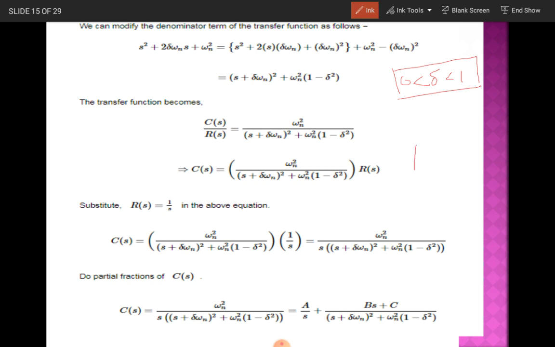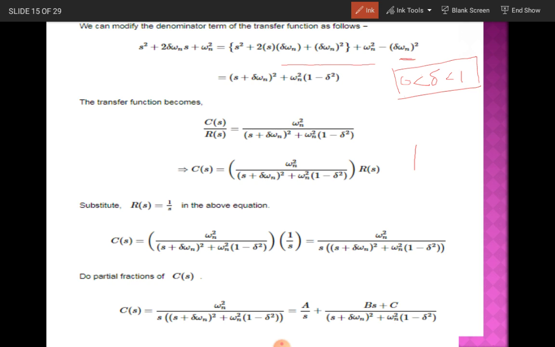From the transfer function, s square plus 2 delta omega n s plus omega n square can be rewritten in this format. That is, this expression can be written like this: s square plus 2 delta omega n s plus delta square omega n square, then subtract the same term, minus delta square omega n square.